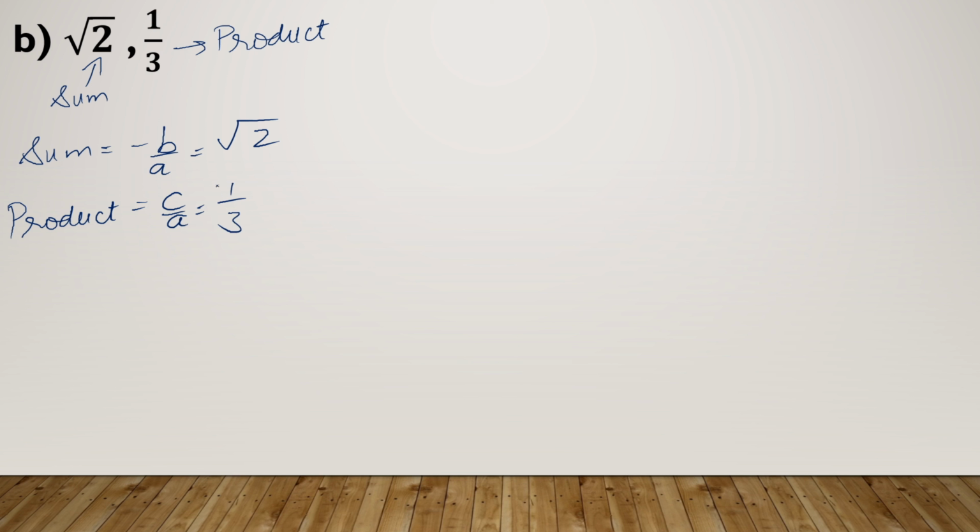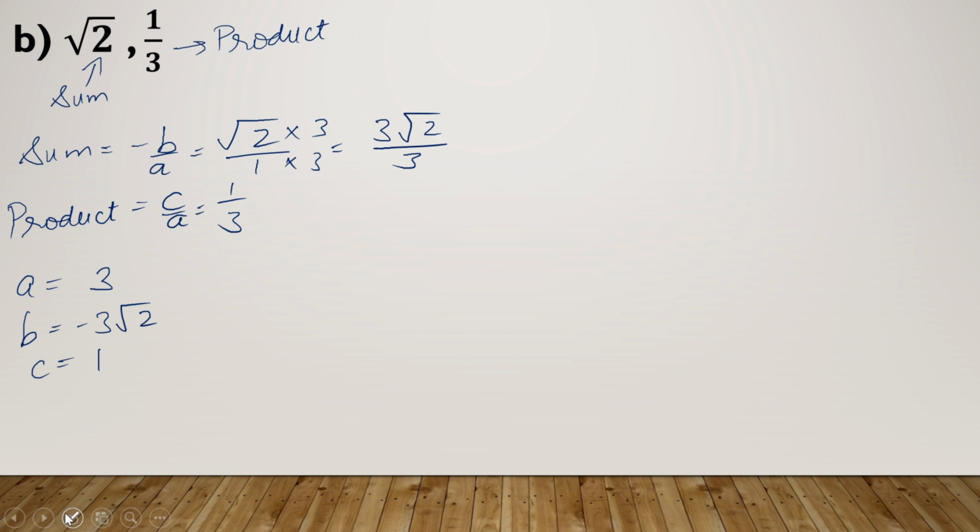Again, just to rationalize, we have to multiply 3 on both sides so as to get 3 root 2 upon 3 here. So with this I'll get the value of a as, that's correct, 3, b as minus 3 root 2, and c as, c will be 1.